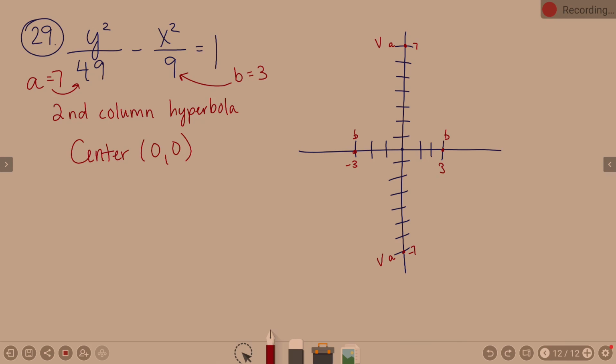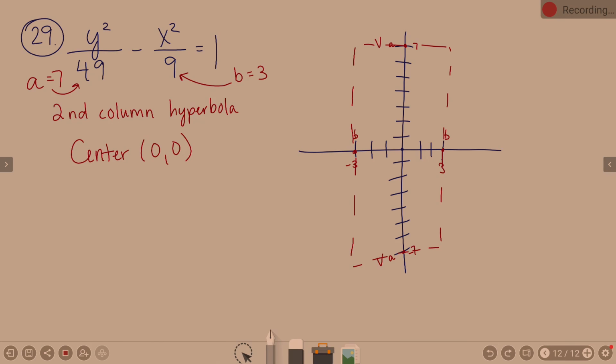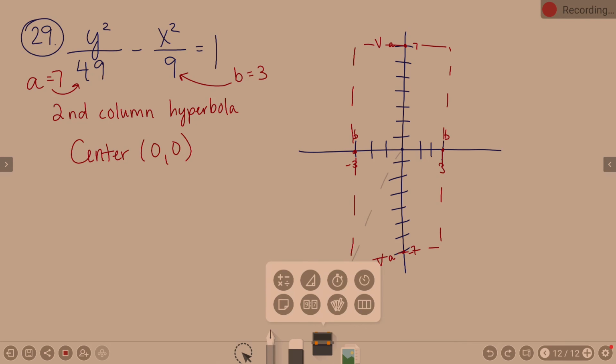A's and B's I use to make my rectangle, my box. I've looked at the clock and I'm running out of time, so you got a very quick, sketchy box, right? Why do I do this box? This is my asymptotes. Take a moment to be careful. My asymptotes go through the center and through the diagonals.